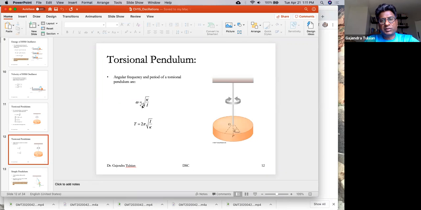The angular frequency is given by the square root of kappa over I. I is the moment of inertia of this object about that axis. The period is 2 pi times the square root of I over kappa.